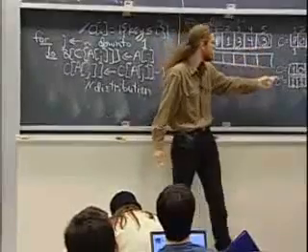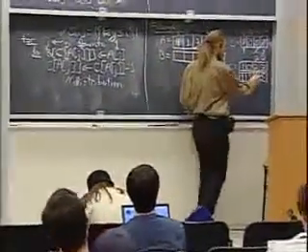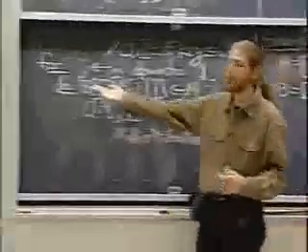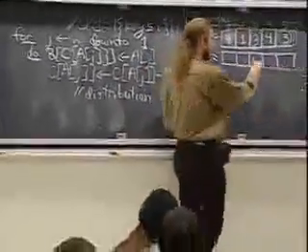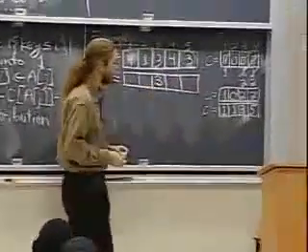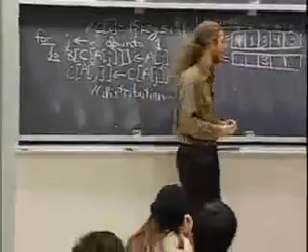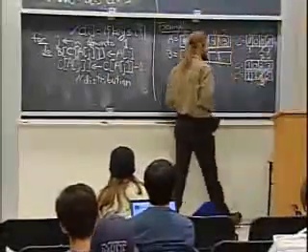Here the value is 3, and this is the third column, so that has number 3. And the claim is that's where it belongs in B. So you take this number 3, you put it in index 3 of the array B, and then you decrement the counter. Okay, so I'm going to replace 3 here with 2.